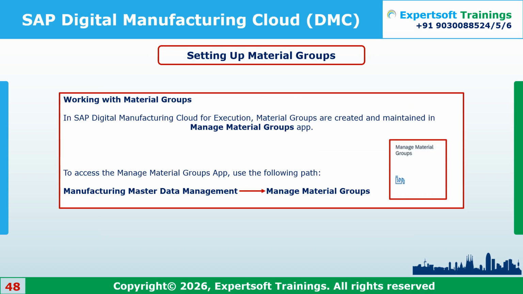We already know that in DM Cloud for execution, material groups are created and maintained in the Manage Material Groups app. So again, the material groups which are used from the material management point of view are managed in this Manage Material Groups app.